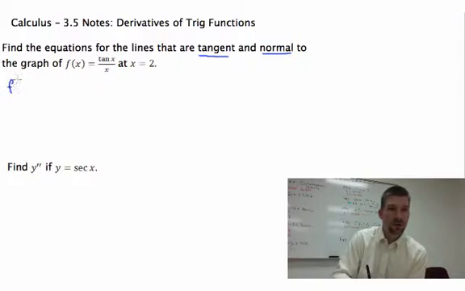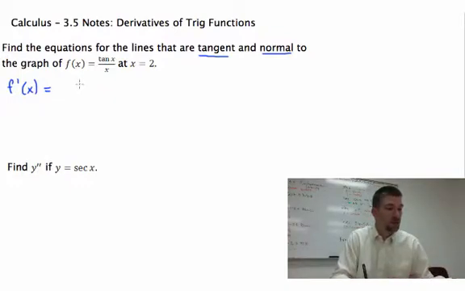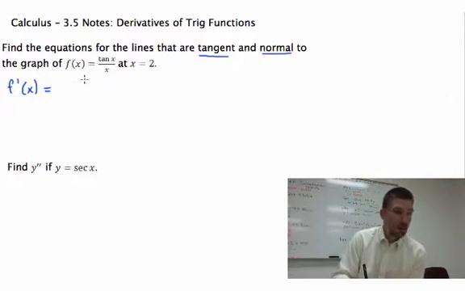We're going to have to use the quotient rule. So f prime of x. And when we do this, we need to know what the derivative of tangent is. What's the derivative of tangent? And that's going to be secant squared x.